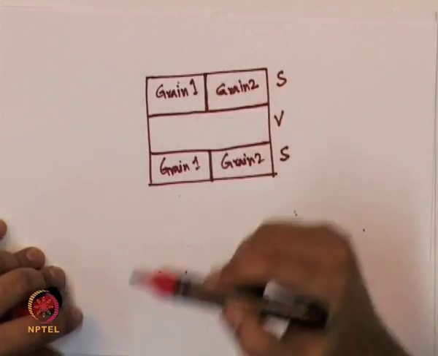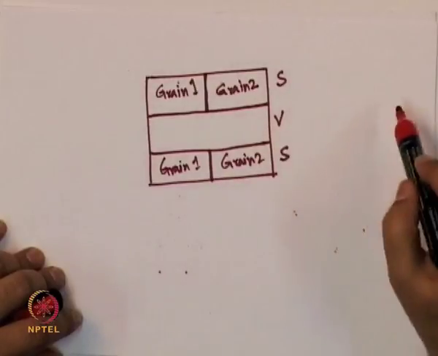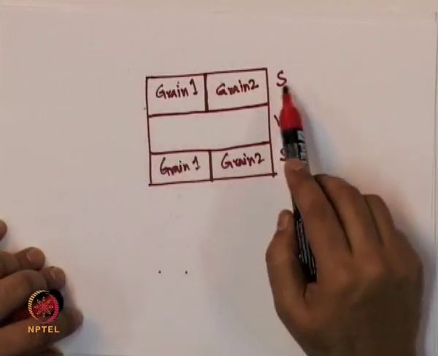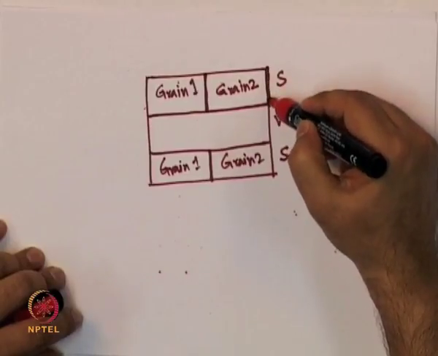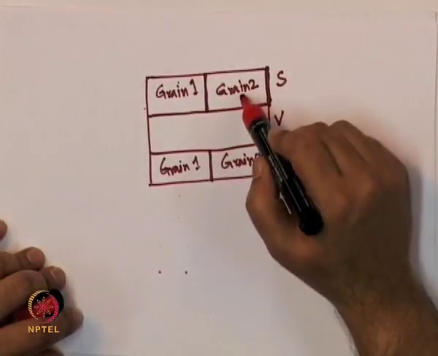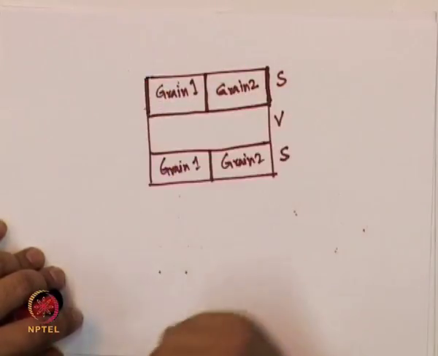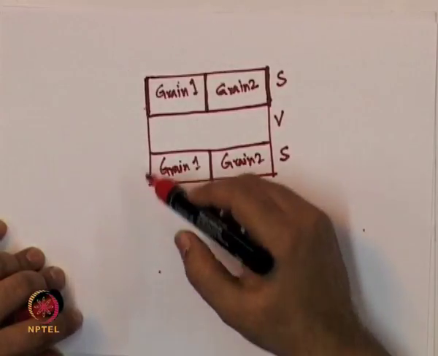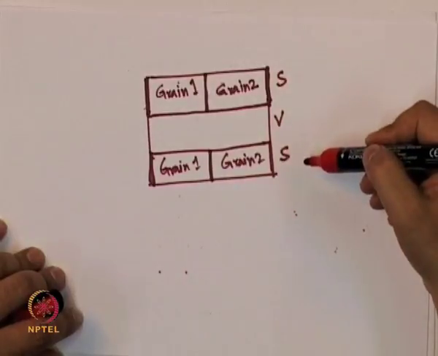So, there is a grain boundary between them, but this is not the only grain boundary because of periodic boundary condition, because this is going to repeat here. So, there is a grain boundary here, because by periodic boundary condition grain 1 is sitting here. So, grain 1 and grain 2 say there is a boundary here, there is another grain boundary here. Okay. So, there are in all 3 grain boundaries.